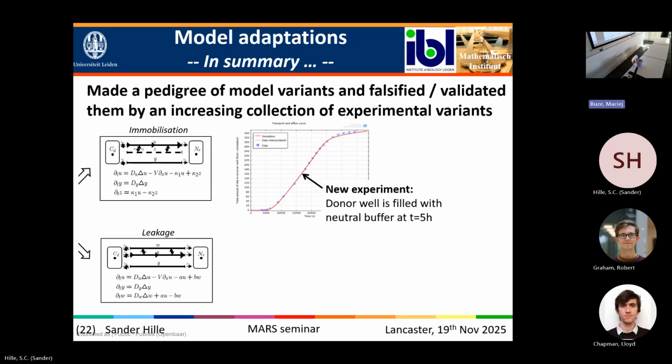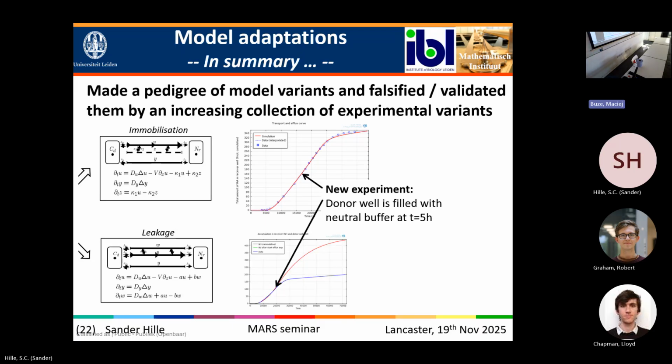We had then these two, and then they invented a new experiment where, halfway through, they replaced the radioactive donor by a neutral donor. Then you watch how the stem segment empties in time. That is what you see here. After this point, it will empty. And now the immobilization model could follow that perfectly.